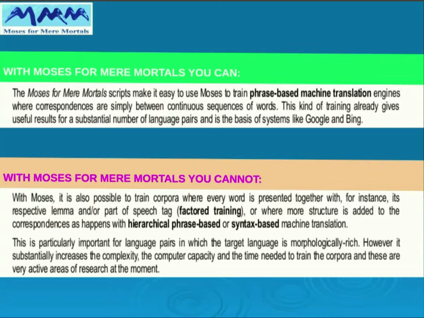If you really want to have factored training, hierarchical phrase-based or syntax-based machine translation, then you'll have to download Moses itself or find any other solution. It is true that for target languages that are morphologically rich, this hybrid system may give better results, but it is really not for mere mortals for the moment.